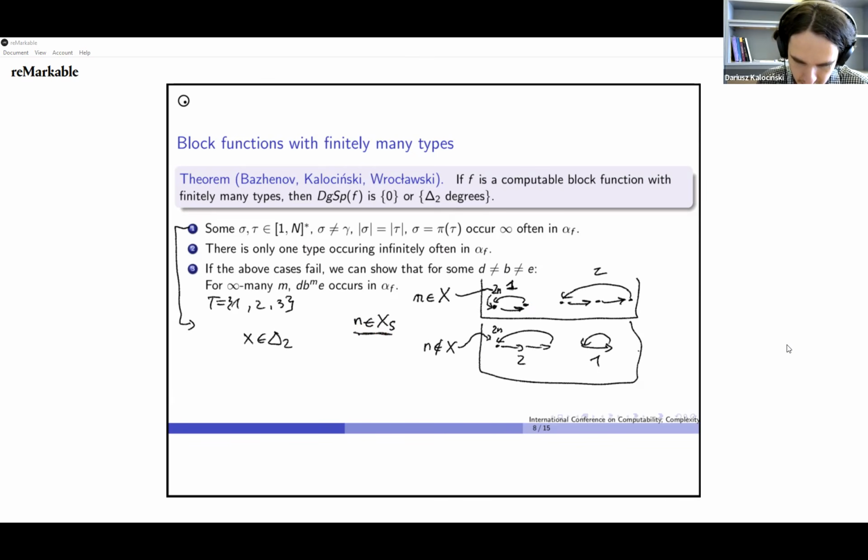Currently we have something like this, and 2n encodes information that n belongs to it, but we have to change it.